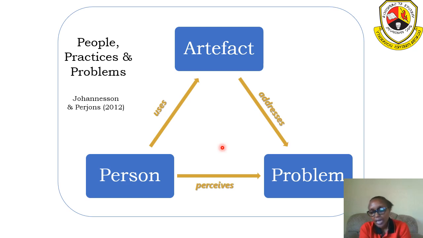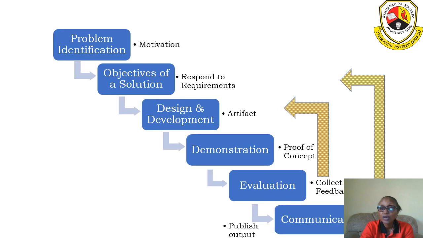So you, the researcher, collect your data within these two intersecting elements: in using, in addressing the problem, and the perception of the user. This is where we collect our data, and this is where our research method is implemented.